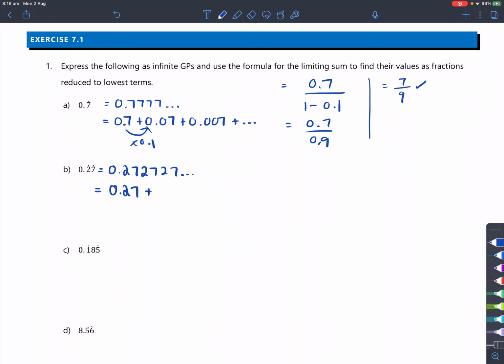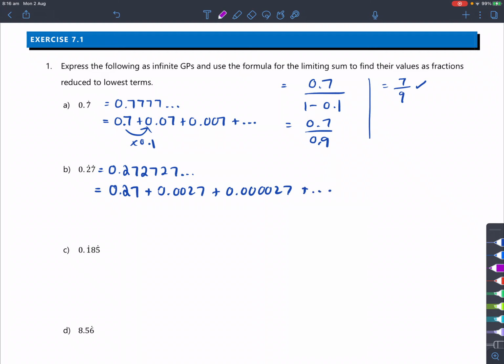Then for the next 27, it would have zeros to replace these two values, followed by that 27. Then replace all these values here by zeros. I'm going to add another 27, and then it goes on.